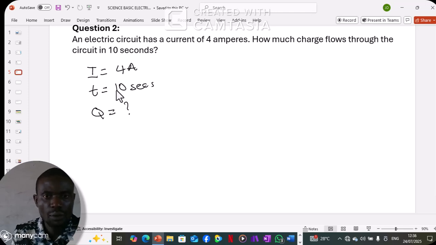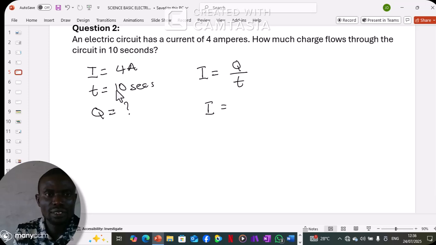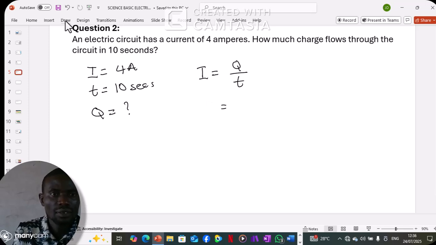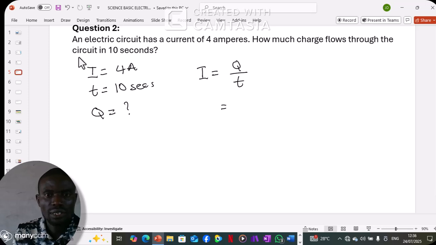From the formula, I equals Q over T. The current is given. So 4 equals Q, which is not given, over 10. This 4 is 4 over 1.